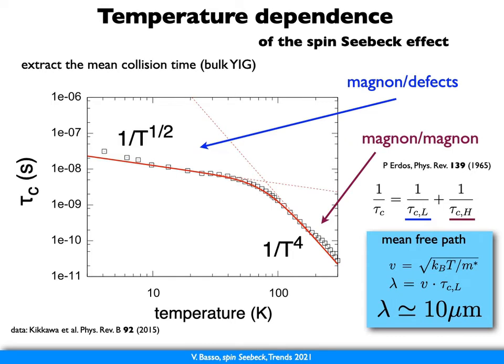So at high temperature, the magnon-magnon is the most relevant one. Therefore, the mean magnon collision time that describes a peak like the one of the bulk YIG is just a sum of two things. If we compute the mean free path, which is due to the interaction with defects, we find a number which is 10 microns, quite a huge number.